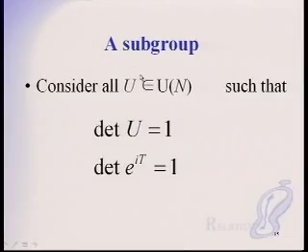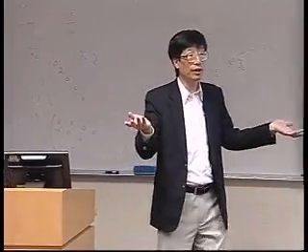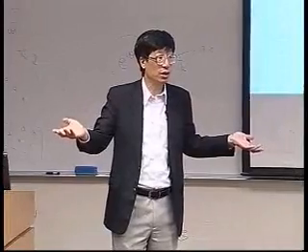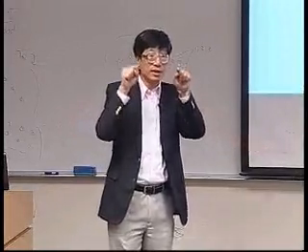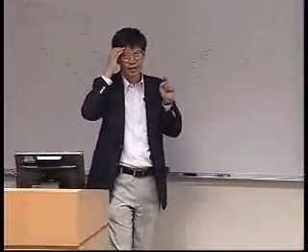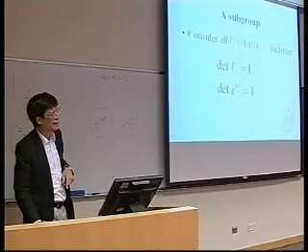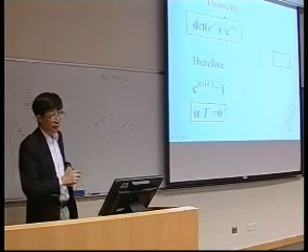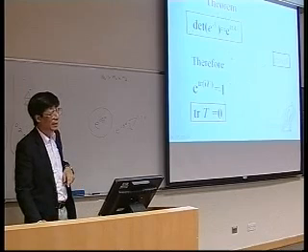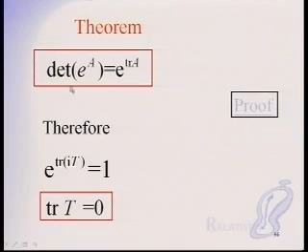Because I take any U, I calculate its determinant. It could be 1, it could be something else. I only consider the subset whose determinant is 1. So I write U as e to the it. Now, there is a theorem in matrix algebra that the determinant of e to the A is e to the trace A.